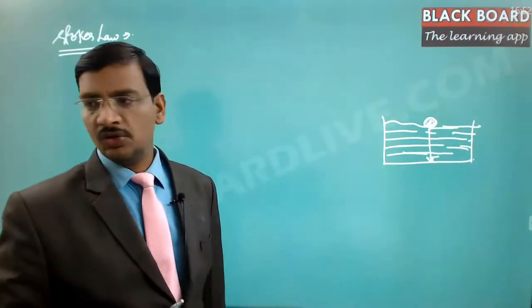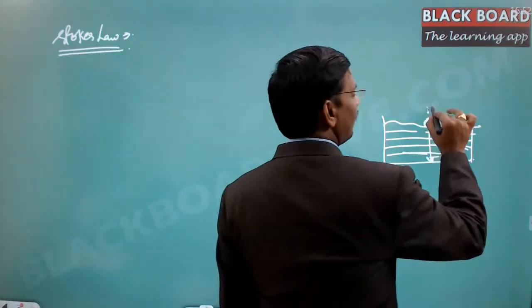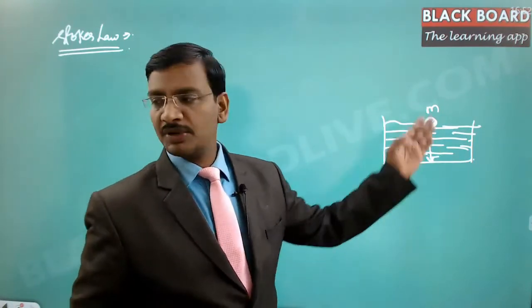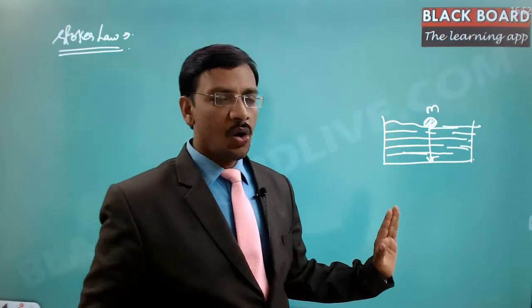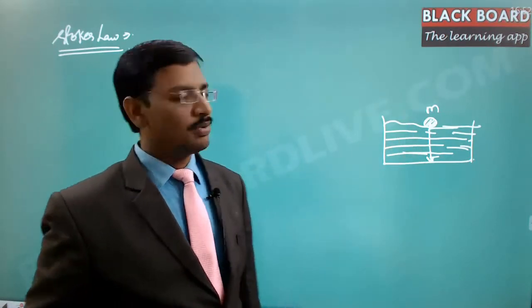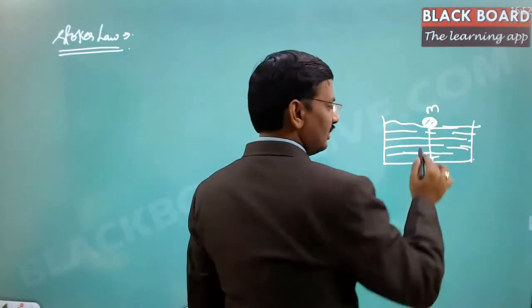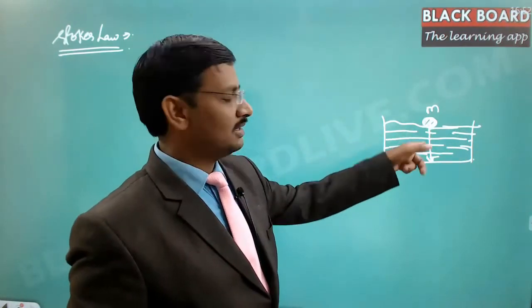Obviously, as the ball has its own mass, and this mass continuously moves from the top to the bottom, there will be a counter force developed on this ball. As it is moving, there is a relative velocity between the layers of the fluid and this particular mass.